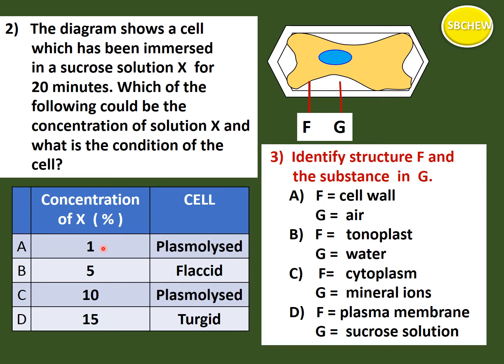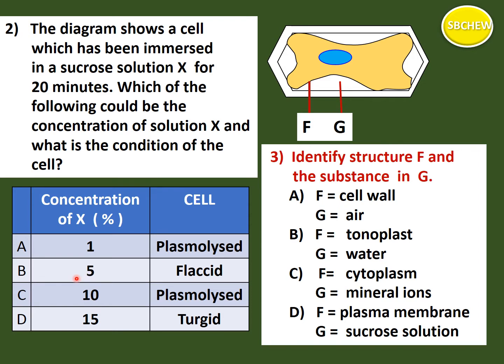Okay. So which one is an isotonic solution? First of all, find out the isotonic solution first. You must know the isotonic solution by heart, and it is 5% sucrose solution for plant cells. 5% sucrose solution means dissolving 5 grams of sucrose in 100 ml of water.